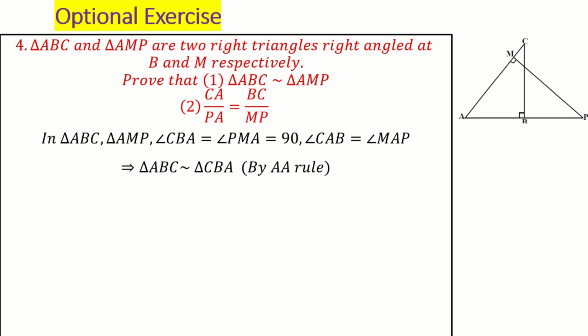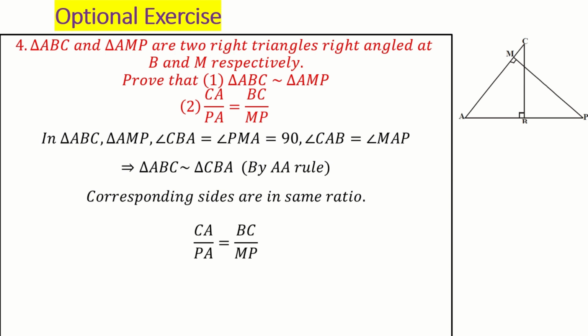CA by PA, if you take, what will you get? CA by, not PA, sorry, this is BA. So, CA by PA equal to, oh, I think this is AMP actually.